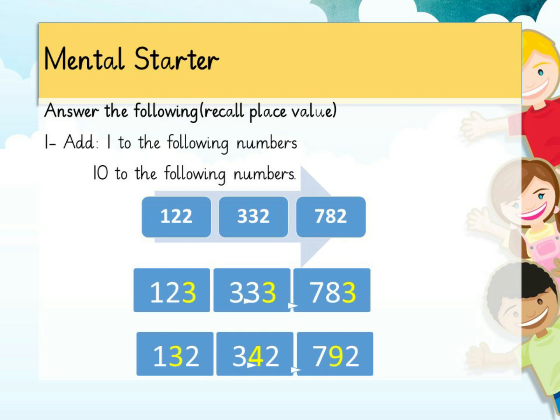Recall place value because place value always helps you to solve the sums without any difficulty. For adding 1 to the given set of numbers means you have to add 1 at units place. For adding tens, you have to add at tens place. So place value will help you. So start doing it.